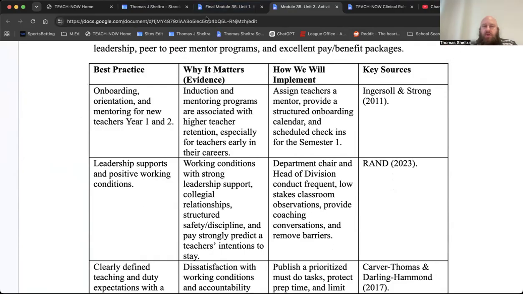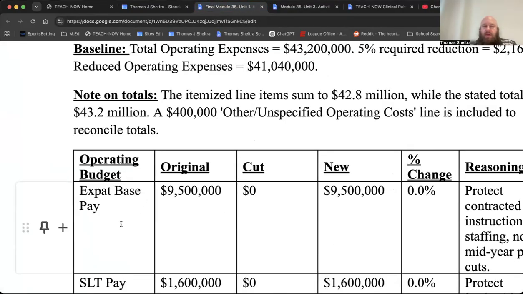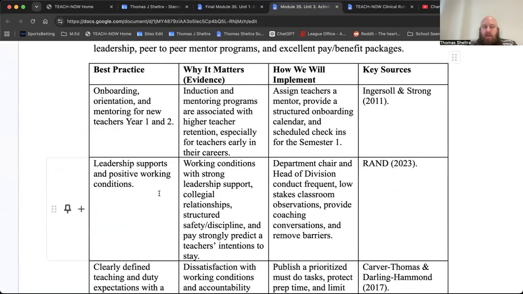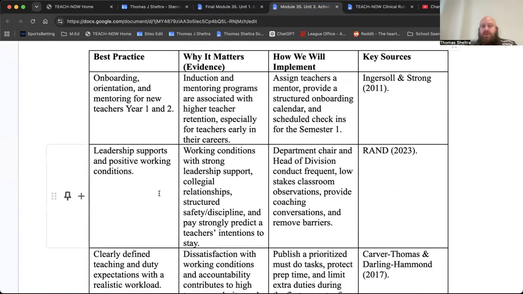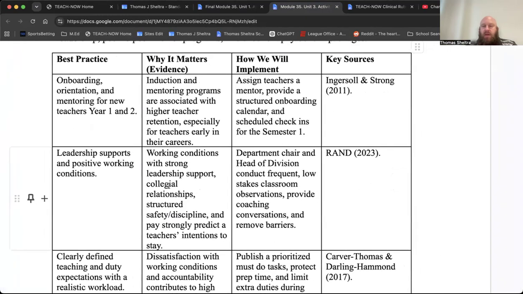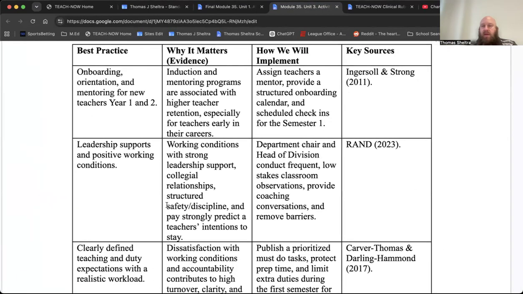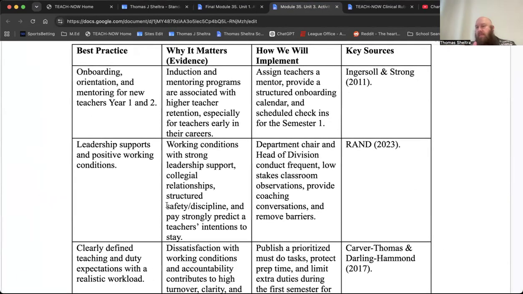So this is going to be a large portion of what our operating budget is. When we get these teachers, number one, we recruit them.